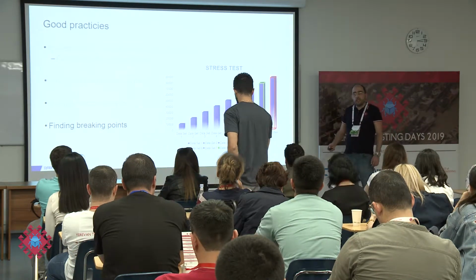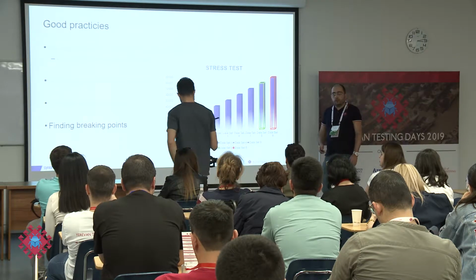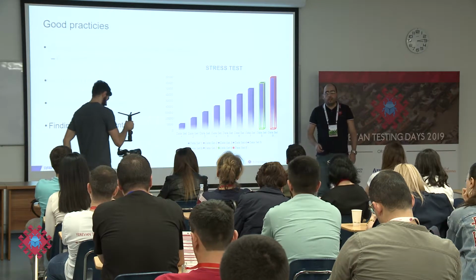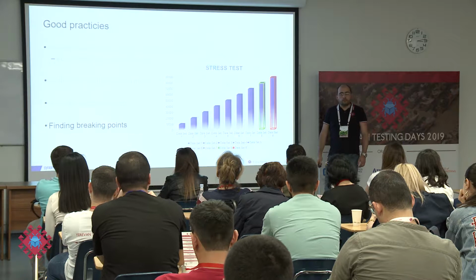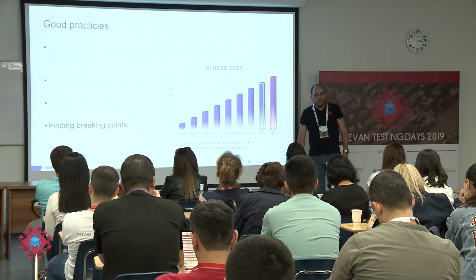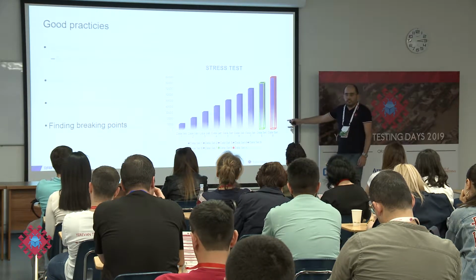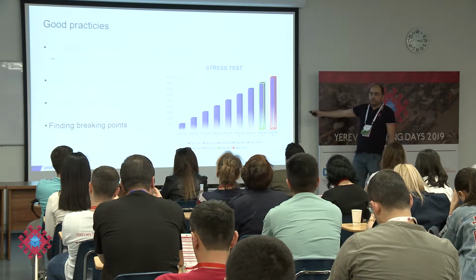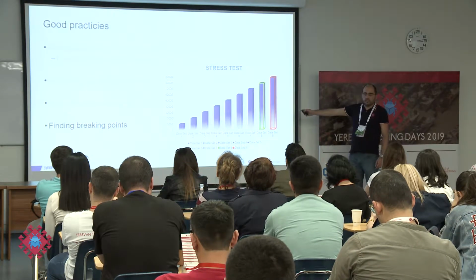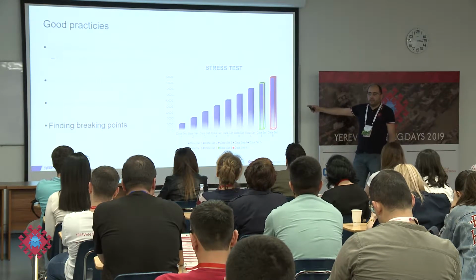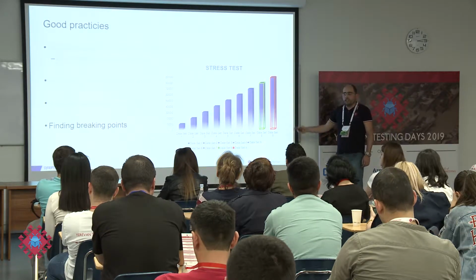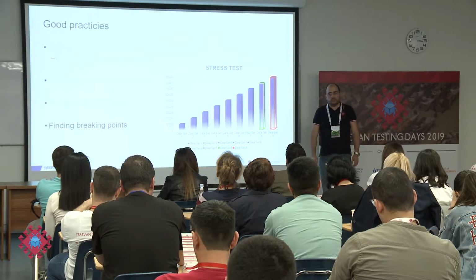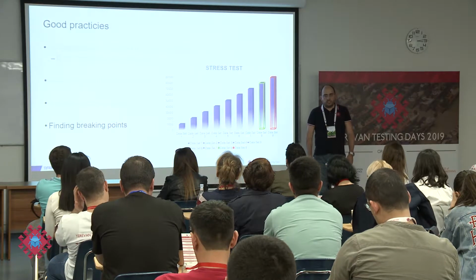Once we have a breaking point, we can apply the boundary test approach. We keep these 2 points, the breaking point and the last succeeded point, and put these 2 cases into our regression tests for stress testing.